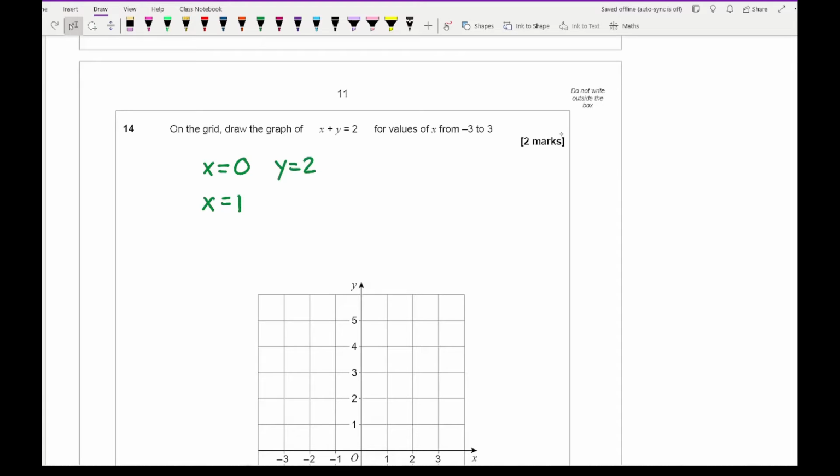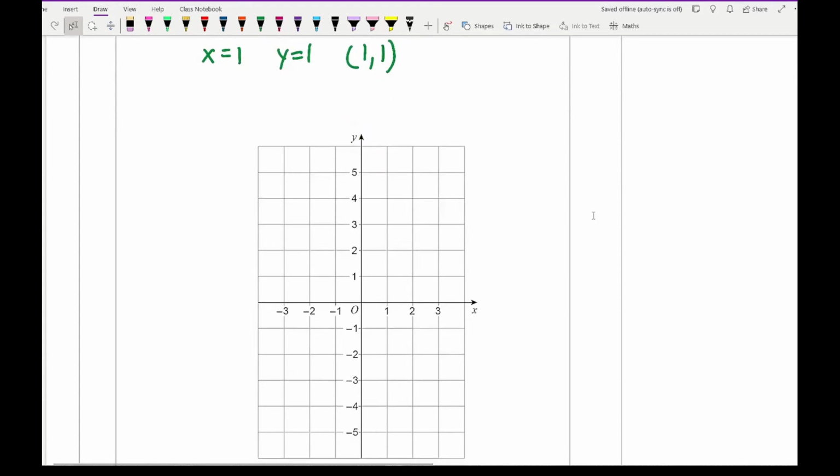And what plus 1 gives you 2? y must equal 1. So these are the coordinates that I then need to plot. So on the graph, if I plot those coordinates, I've got 0, 2, and I've got 1, 1. So what I need to do then is draw a straight line that connects those 2 points, but it's got to make sure that it goes through to -3 and 3.